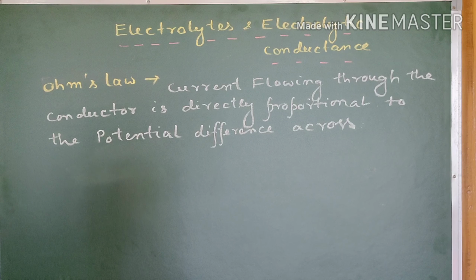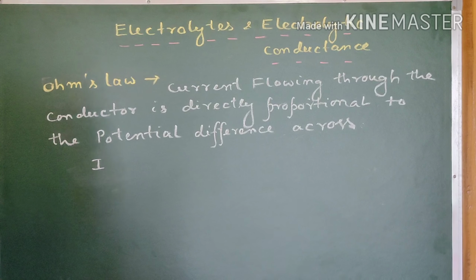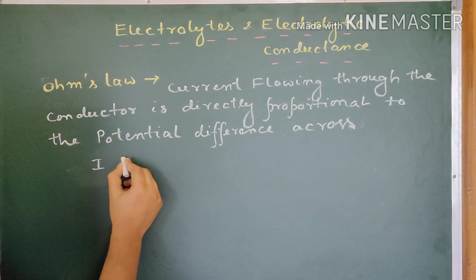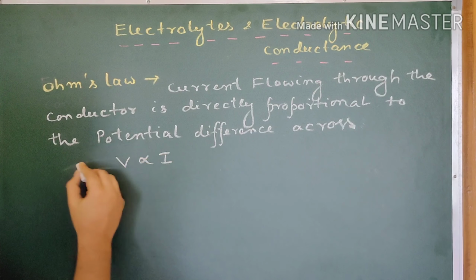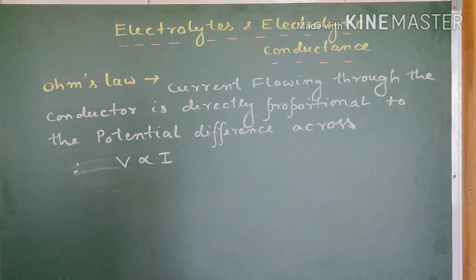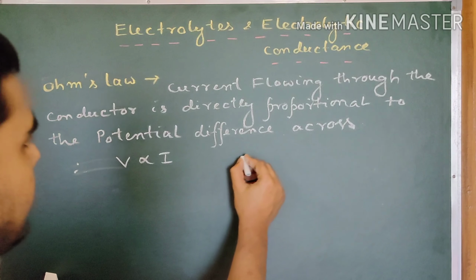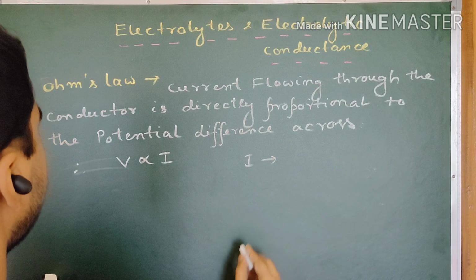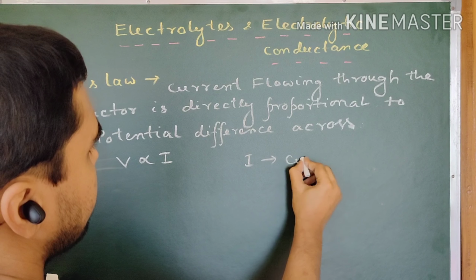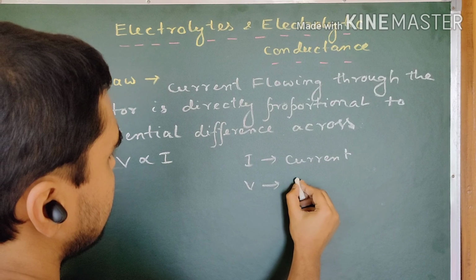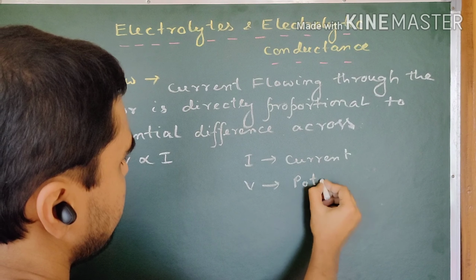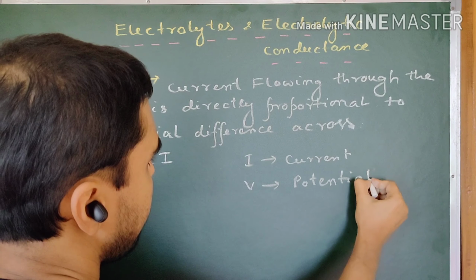Now, suppose for an example, the current is I and the potential difference is V. So, according to this law, V is proportional to I. Here I is the current and V is the potential difference.